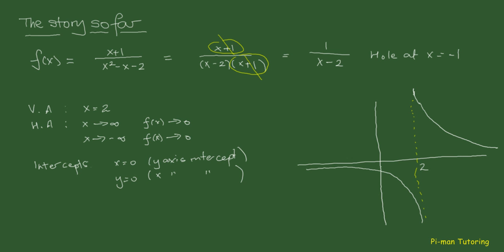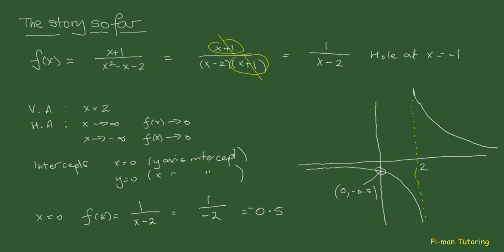We could solve for the y-intercept. So let's quickly do that. We will simply feed in that x is equal to 0, and so f of x would be 1 divided by x minus 2, which is 1 divided by negative 2, or negative 0.5. So this is the point (0, negative 0.5).